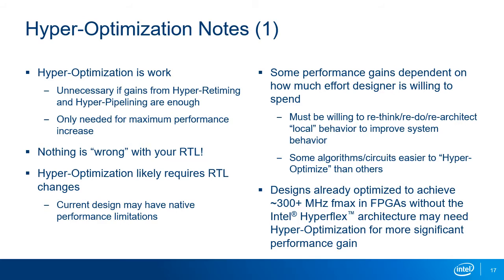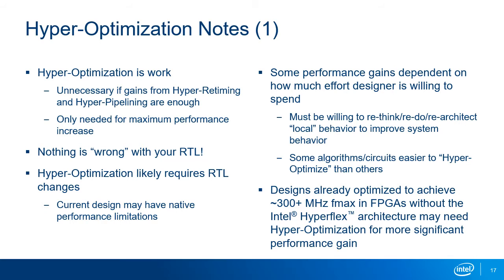Hyperoptimization will almost always require changes to your RTL. Again, if you want to go beyond the limits of your current design, then you have to be prepared to modify it. How much performance gain you get is dependent on what the design currently looks like and how much time you want to spend. Some designs will require a lot more time and effort and a lot more modifications to go through the hyperoptimization process than others.